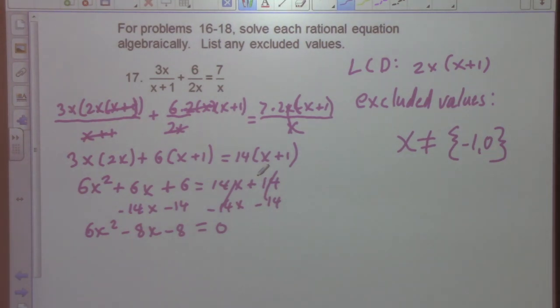What's going to be the next problem solving thing going on here? What can we do? Any ideas? We can factor. What's our factoring going to be for this? Yeah, 2. So we have 2 times 3x squared minus 4x minus 4 equals 0. What can we do now?